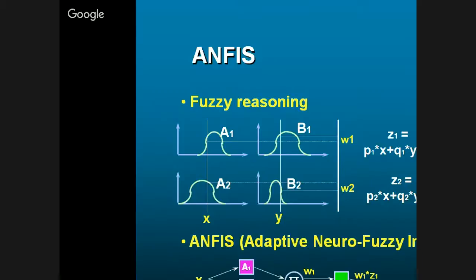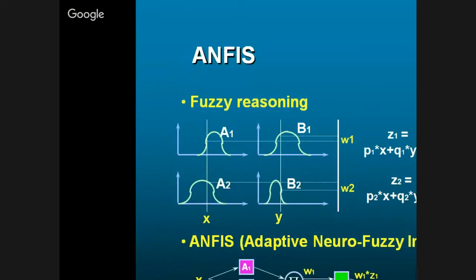So here Z1 is P1 into X plus Q1 into Y plus R1, where X and Y are the inputs, and similarly Z2 is P2 into X plus Q2 into Y plus R2.